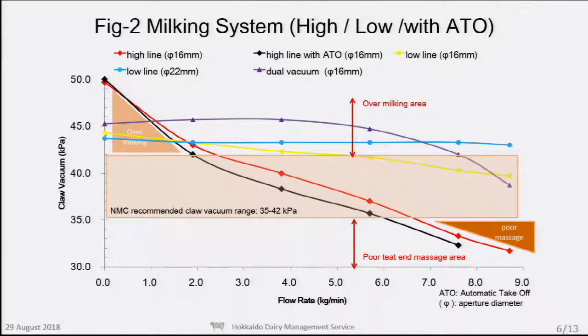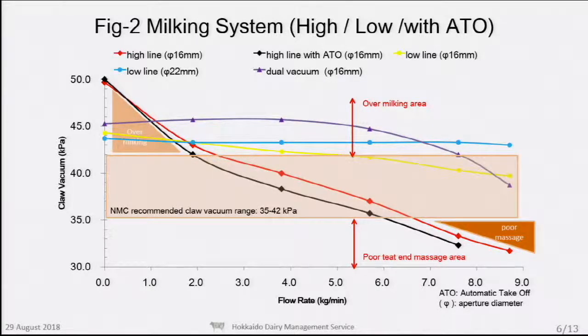Put the NMC recommended flow vacuum range on this graph. On the high-line system, a low flow rate area means over milking times, and a high flow rate area means poor heat and massage time.